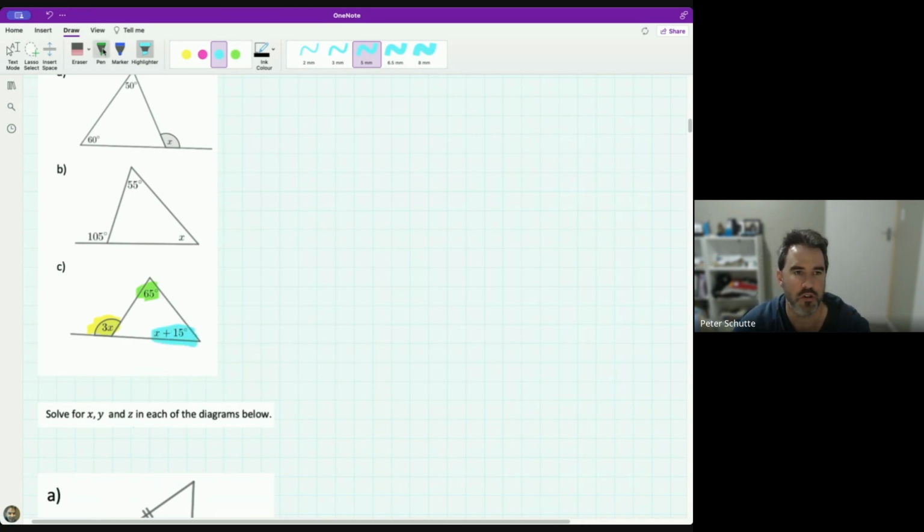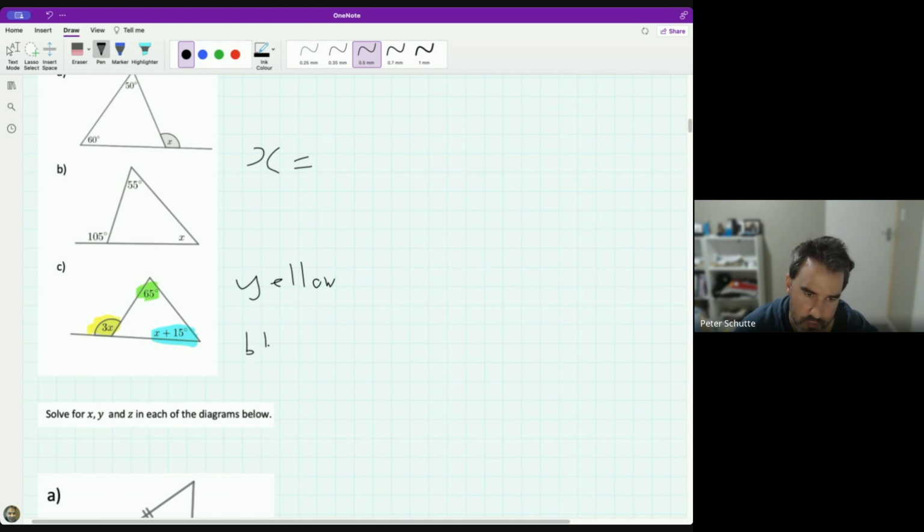I want you to use your knowledge to find me the size of x, then the size of the yellow angle, and then the size of the blue one. So that's the theorem. I'm just reminding you about it.